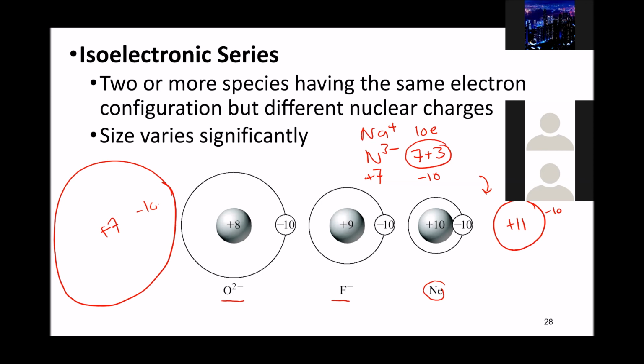We're talking about the relative electrostatic attraction that the valence electrons are feeling. That is going to be the basic principle that we can use to compare two different species, whether they have the same number of electrons and varying protons in the case of an isoelectronic series, or the other way around, if you're comparing a neutral atom to its positively charged ion or negatively charged ion. Okay?